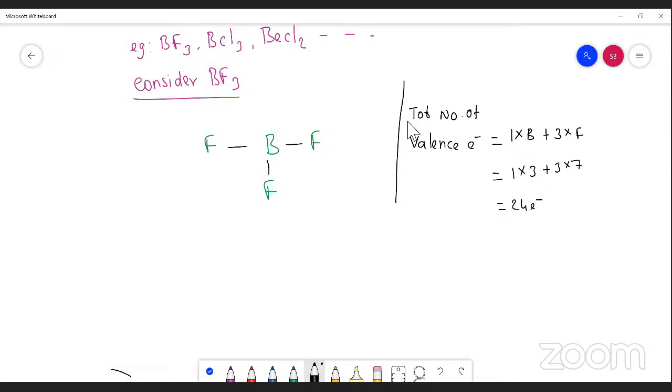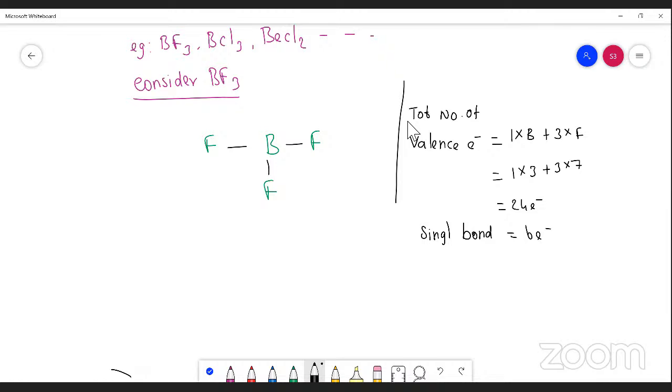Out of 24 electrons, 6 electrons are utilized by the single bonds. Now the remaining 18 electrons we distribute to the most electronegative atom to make octets.